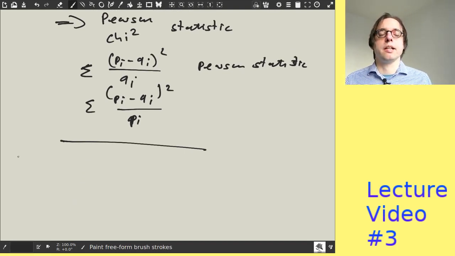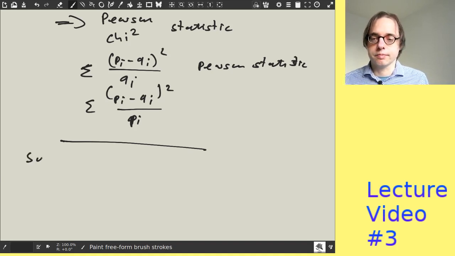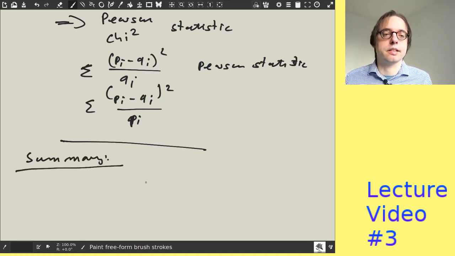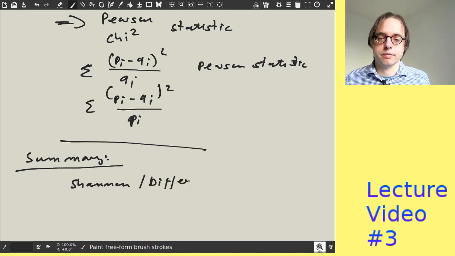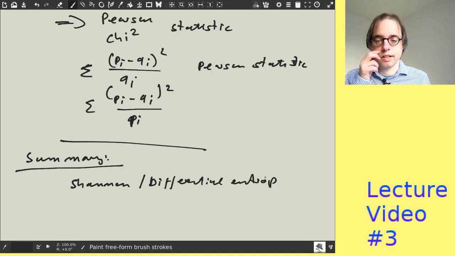So to summarize, there are quantities to characterize distributions. One is Shannon entropy or differential entropy, which is the expected surprise.